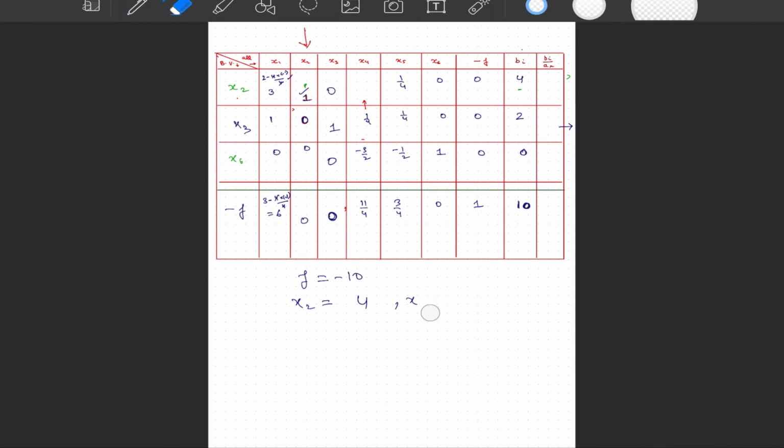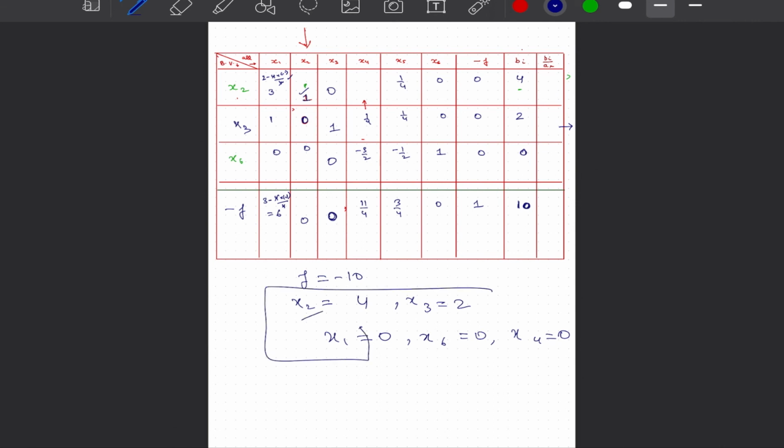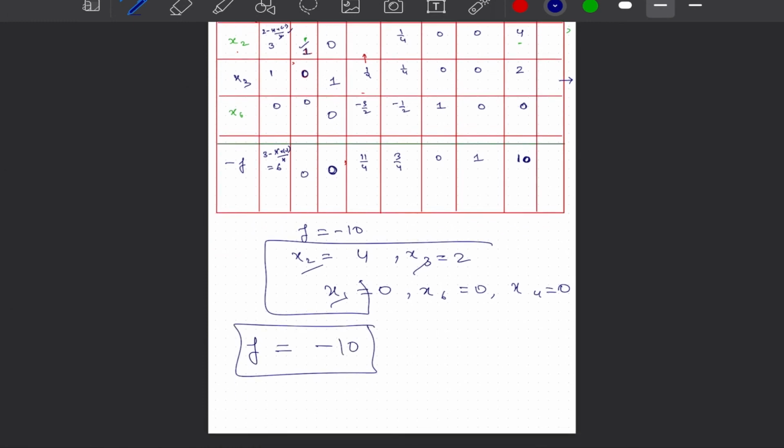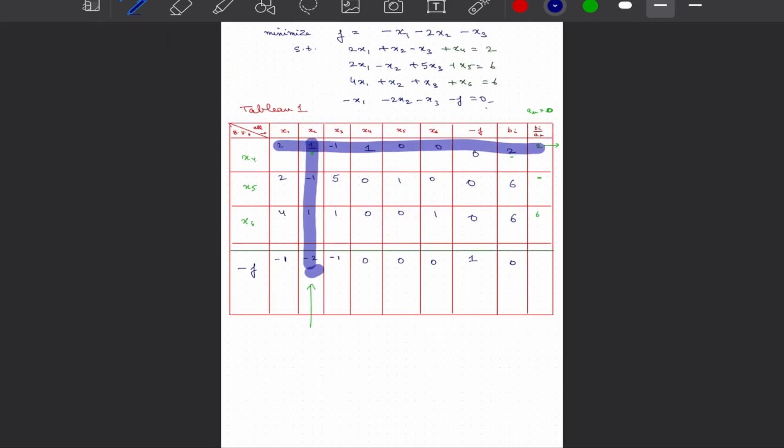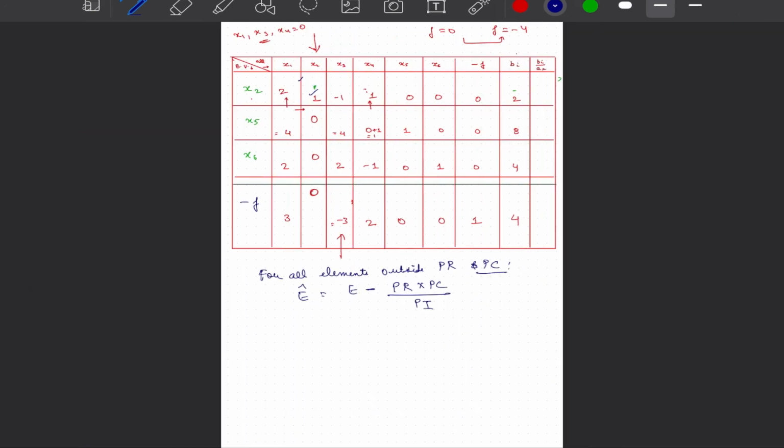So x2 has a value of 4, x3 has a value of 2, and x1 has a value of 0, x6 has a value of 0, x4 also has a value of 0, and so on. In our objective function, we are only concerned about x1, x2 and x3. So when we plug the values here, we get the value of the objective function as minus 10, and you can simply check it by plugging these values into minus x1, minus 2 x2, minus x3.